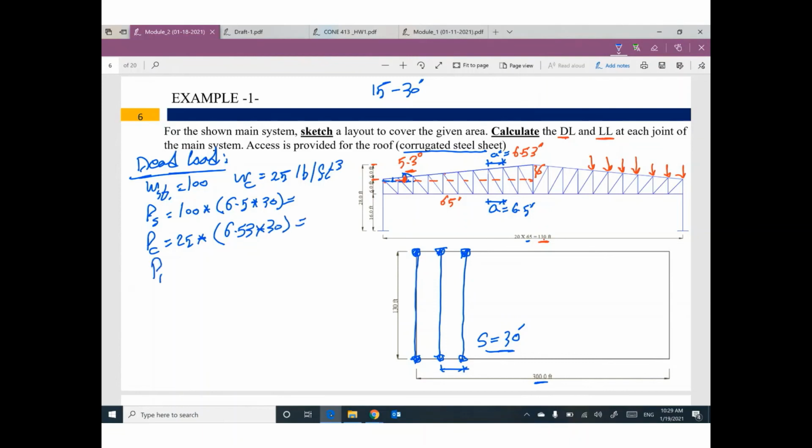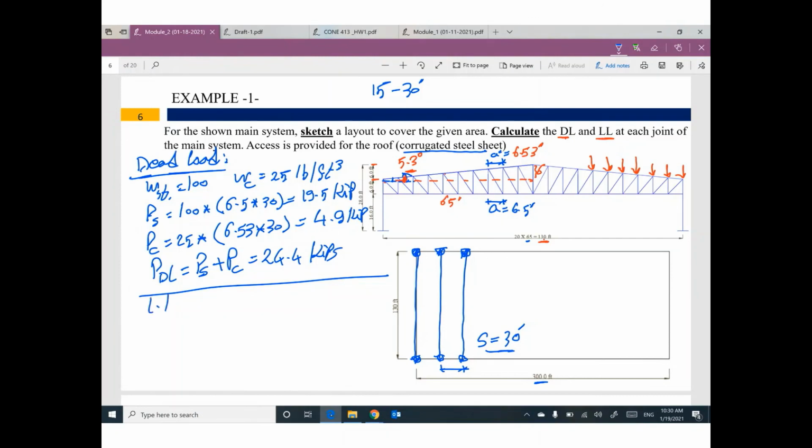That means your dead load as a total will be PS plus PC. I am done with the dead load. Let's do these calculations. 19.5 kip. 4.9 kip. 24.4 kip. This is the total dead load.